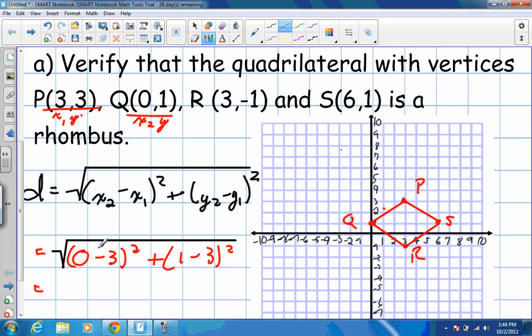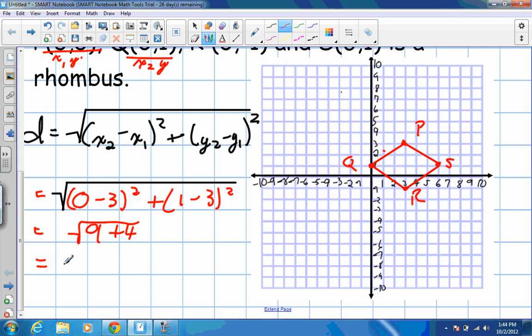What's that squared? Not negative 9. Positive 9. 1 minus 3, squared, so we add 4. What is 4 plus 9? 13. So the distance of side PQ is root 13.